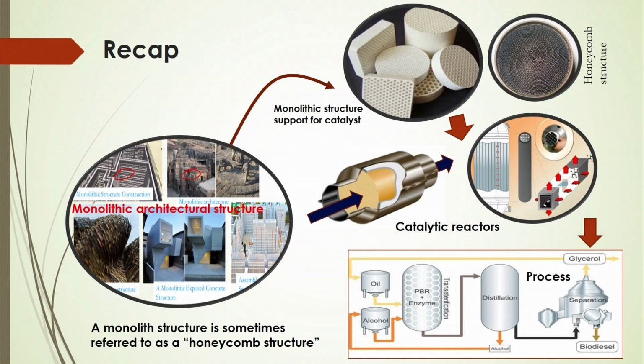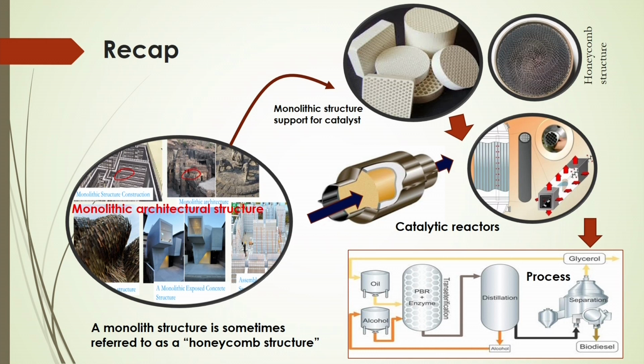Now, there are different structures that we discussed in the previous lecture, like the honeycomb structure and channel based catalytic structures, where different shapes of channel will be there. Based on that, reactors of this particular structure are developed for the process. Here in these slides we have shown different shape structures of the catalytic monolithic reactor based on the concept of that ancient architectural structure.